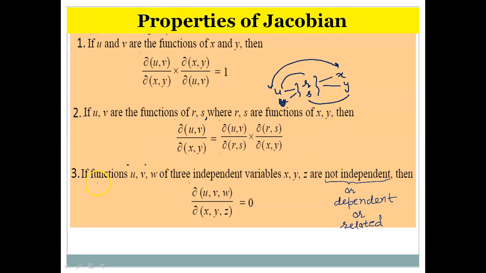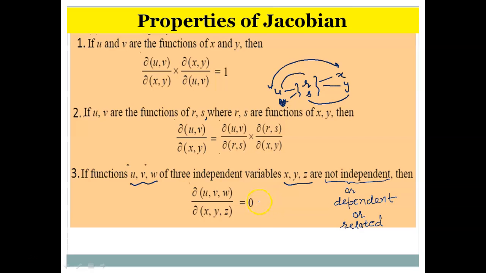Now the third property: if the functions u, v, w of independent variables x, y, and z are not independent, or the same thing we can write, dependent or related, then the Jacobian of the transformation from variables u, v, w to x, y, z, that is ∂(u,v,w)/∂(x,y,z), is equal to 0.